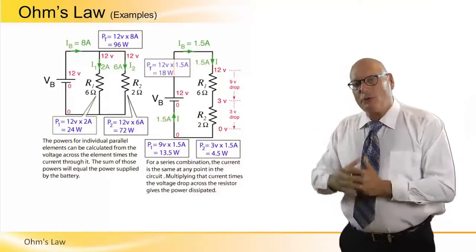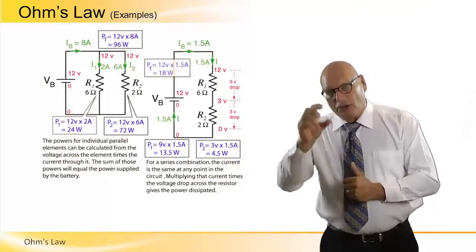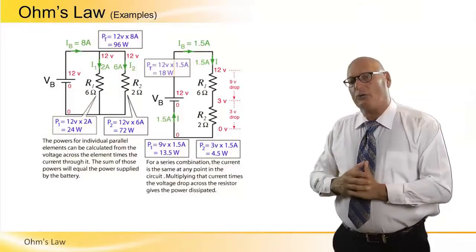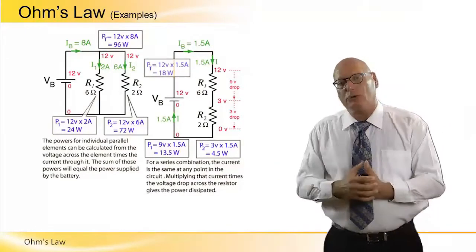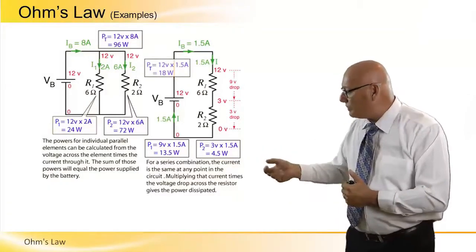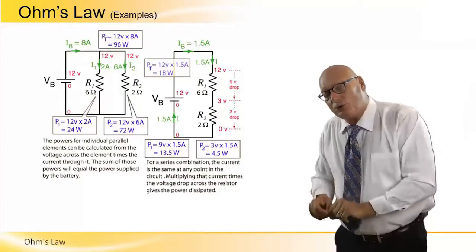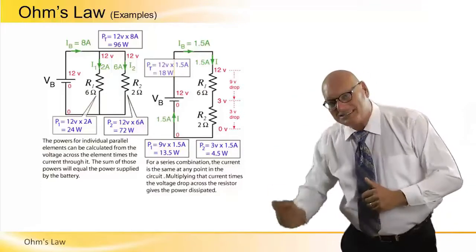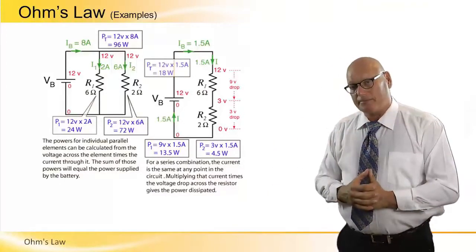And when the current is 1.5 amps, P1, the power dissipation generated because of the current going through R1, equals 9 volts times the current 1.5, equal to only 13.5 watts. And the power dissipation on R2, because R2 is 1/3 of R1 and the current is the same current. Remember, we are in a series connection.